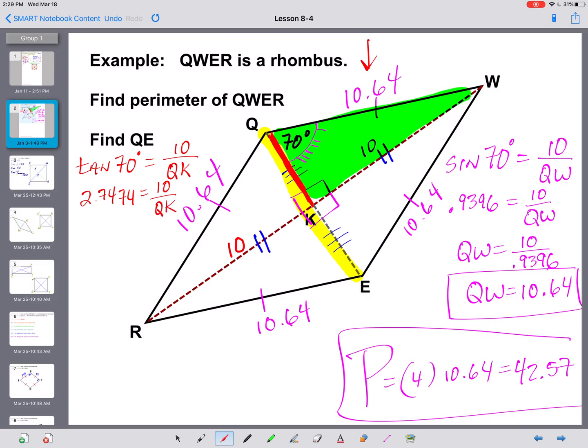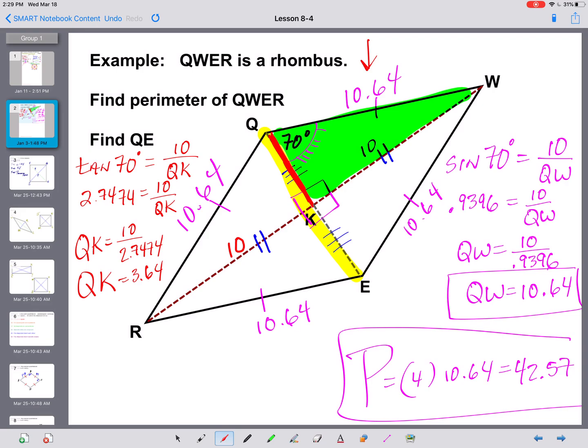Once again, unknown on the bottom, we do the switch. QK equals 10 over 2.7474. So 10 divided by 2.7474, looking good. Let's go 3.64.